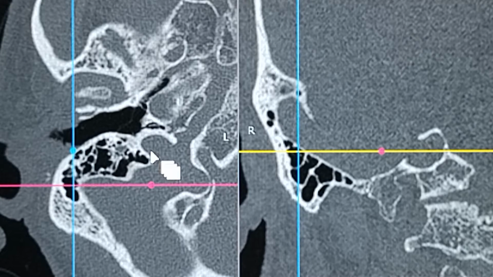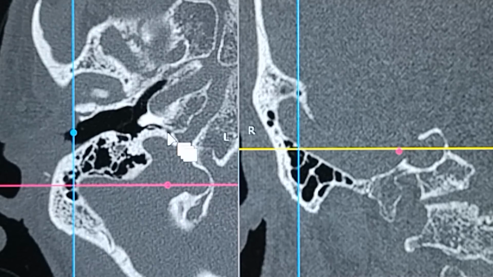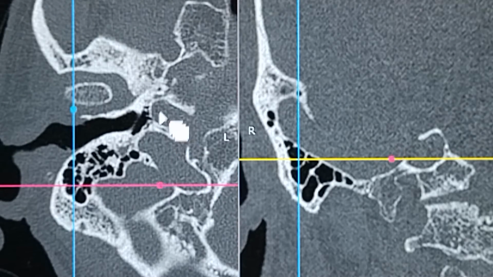Now coming on to the internal anatomy of the internal ear, that's the labyrinth. Keeping the internal carotid artery as the landmark, always keep the ICA as the landmark.